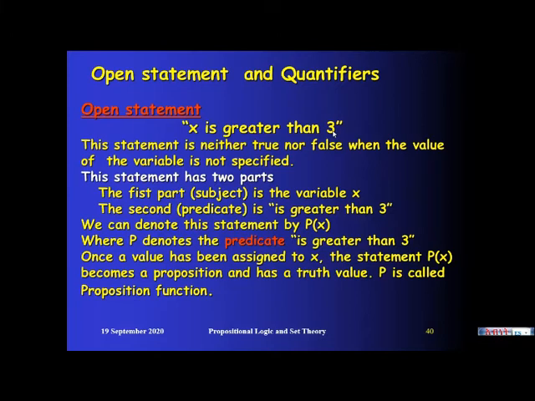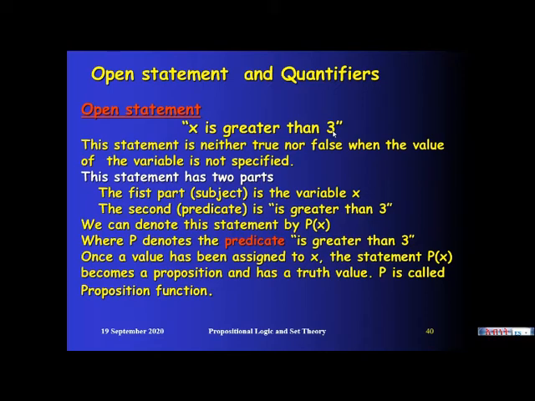If you substitute one number instead of x, you will get either a true or a false value. At that time, it will be what? A statement. That is why such sentences are open.